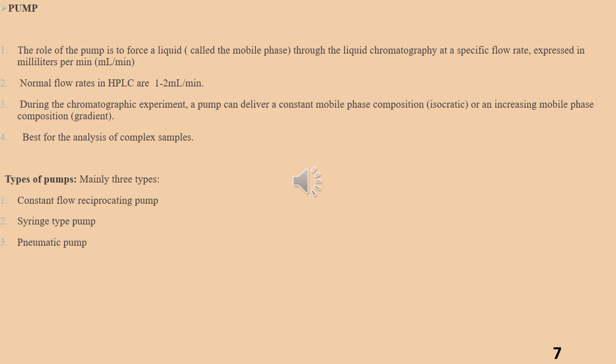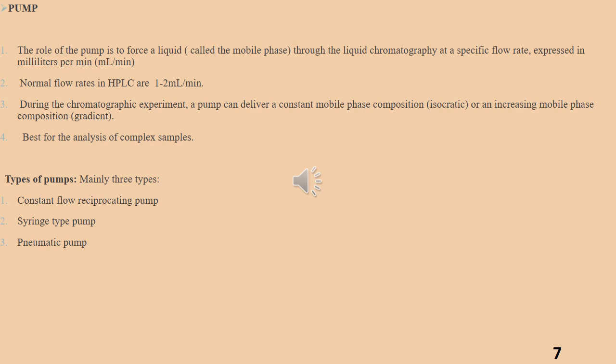Most of the work in analytical HPLC is done using pressure between 400 to 500 psi, but for analytical applications in which columns are 25 to 50 cm in length and packed with particles of 5 to 10 micrometer, the pump should be capable of delivering the mobile phase at flow rates of 1 to 5 milliliter per minute and at pressures reaching about 5000 psi.